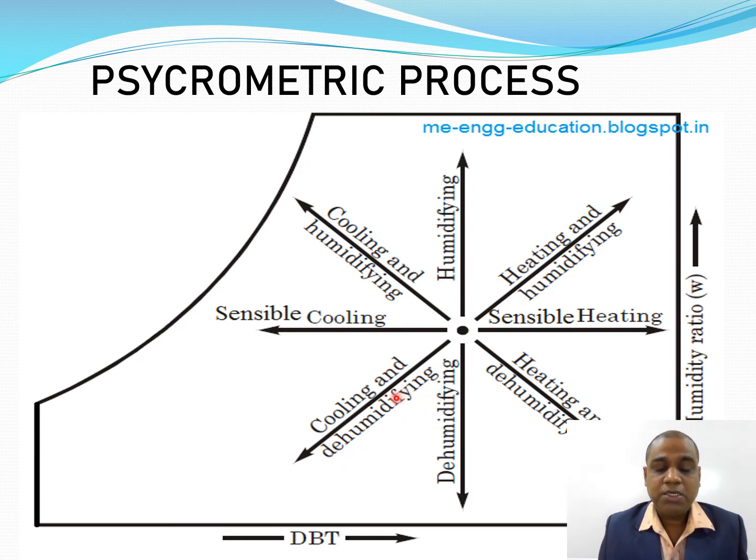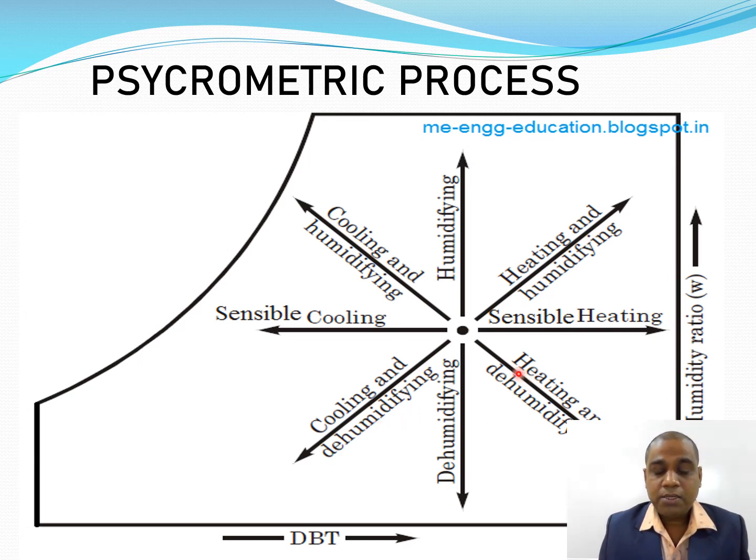The process is cooling and dehumidification. The dry bulb temperature gets reduced, and the specific humidity or humidity ratio also gets reduced. Here a cooling coil is used and a dehumidifier is also used, both apparatus are used.